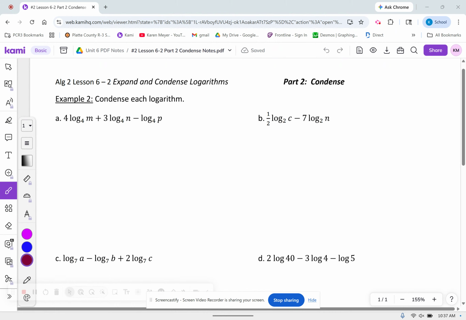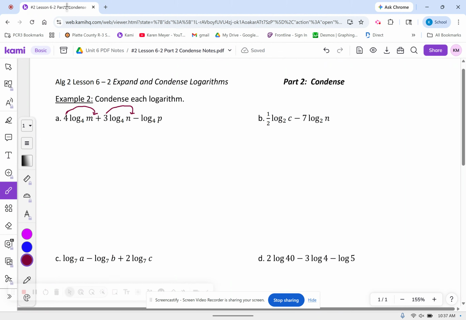So like I said, start with the property that has any numbers in front of a log move up as a power. On the first one, I would take this 4 in front of the log and move it up as a power for the m. Then I would take this 3 and move it up as a power for the n.